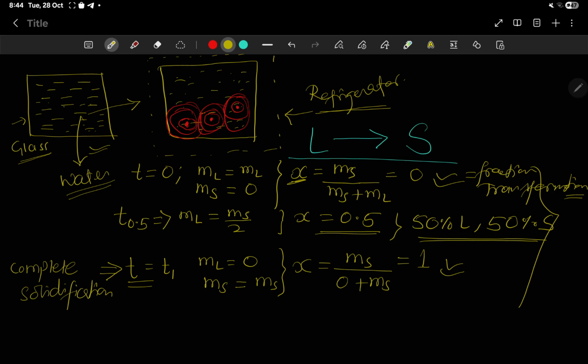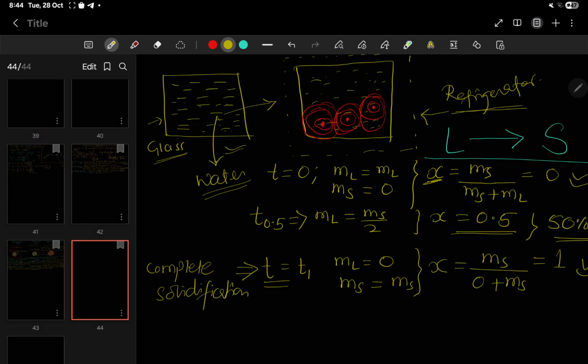Okay, now let's try to explore it more. Can you write it here? At t equals to 0, what we get? x equals to 0.